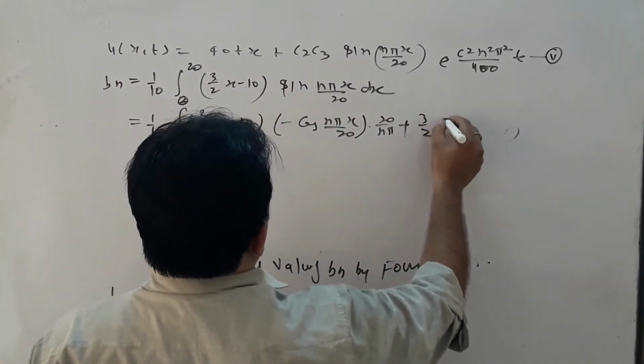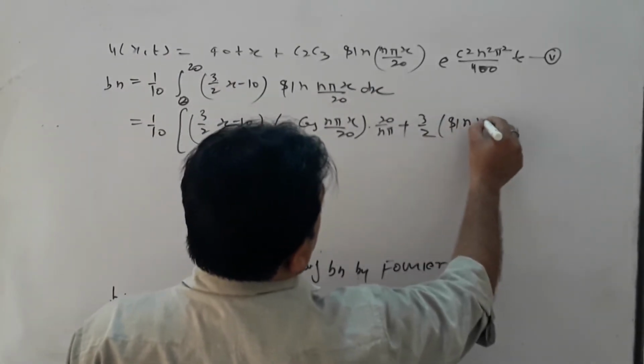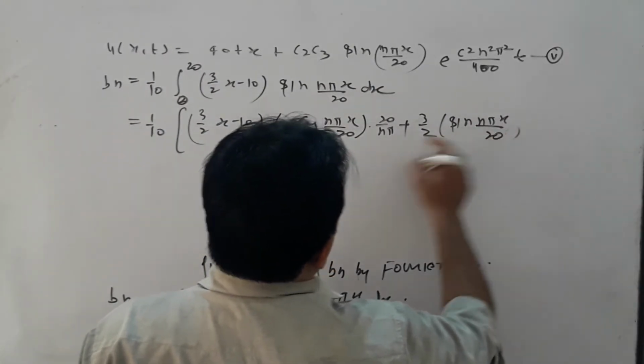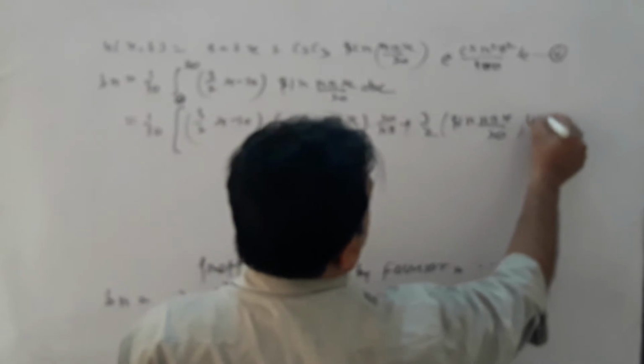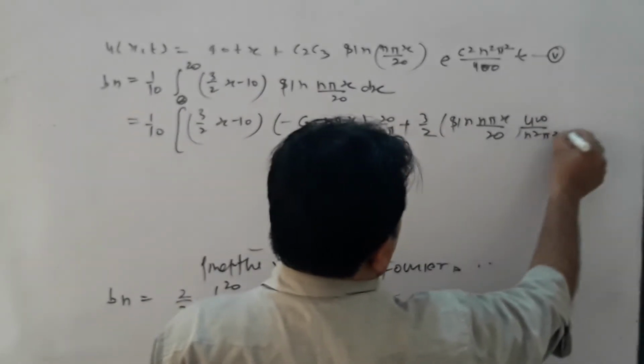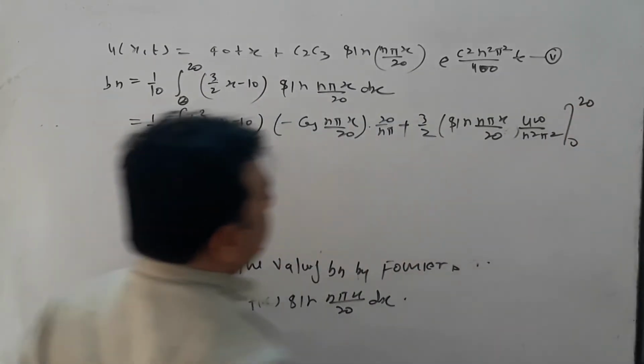into sine of n pi x over 20 into 400 over n squared pi squared, from 0 to 20.